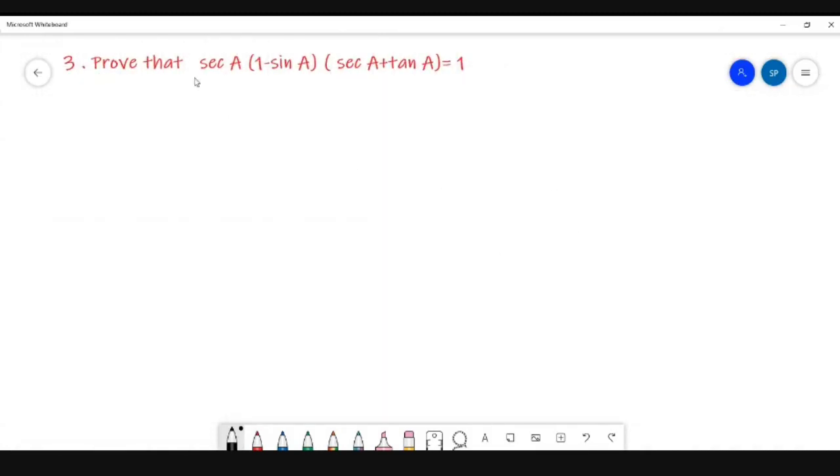Prove that cosec A into (1 minus sin A) into (cosec A plus tan A) equal to 1. See how we simplify.